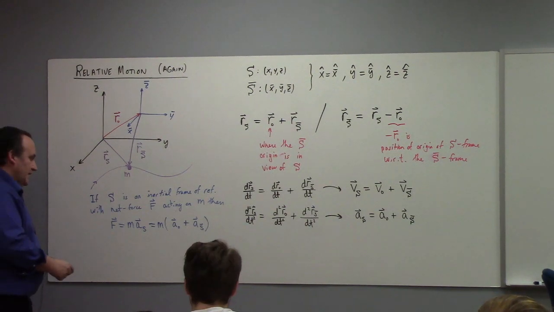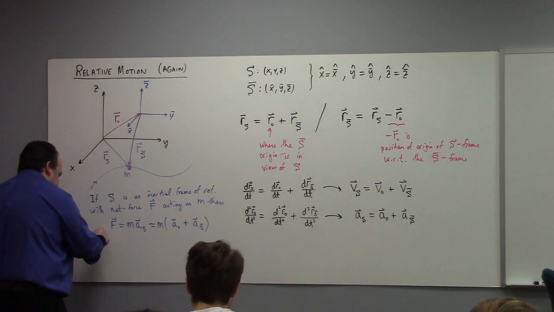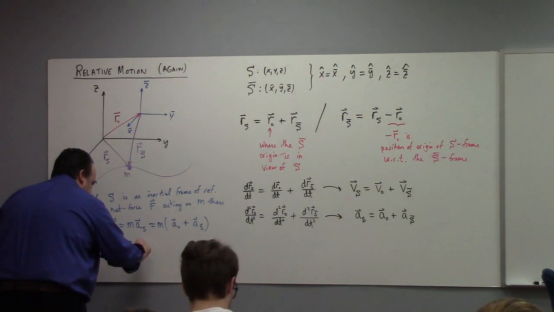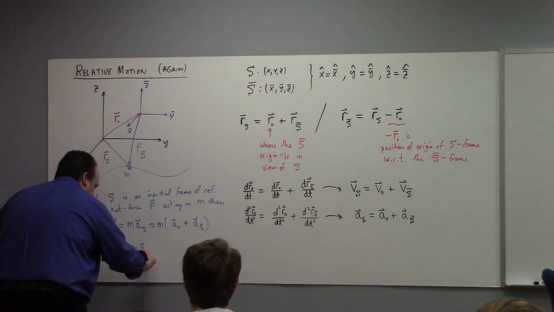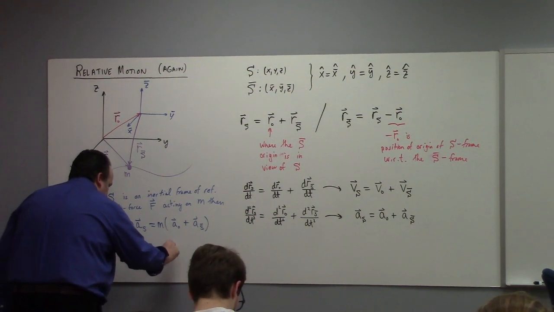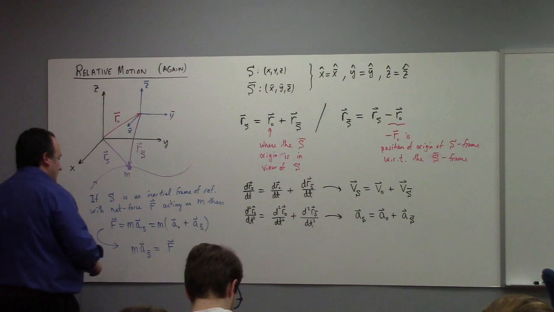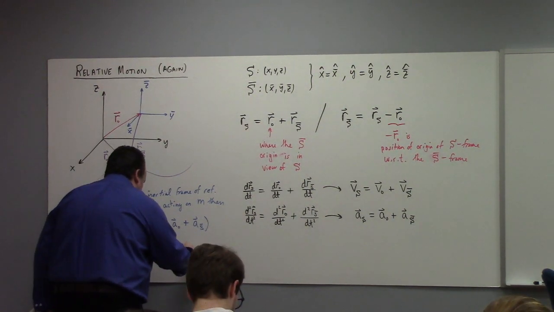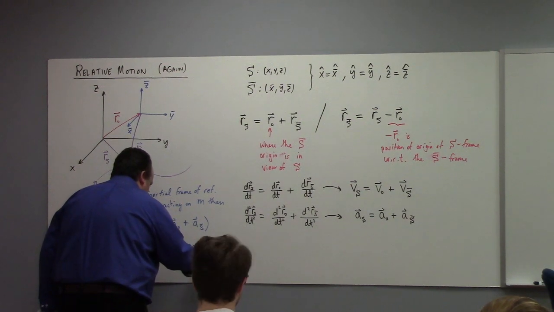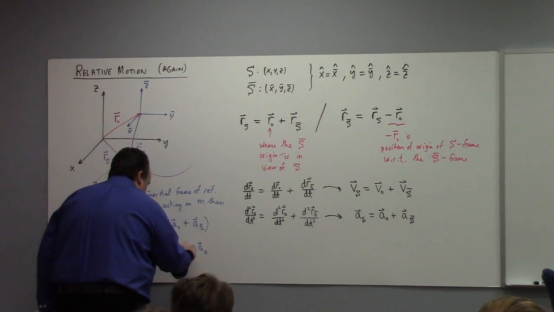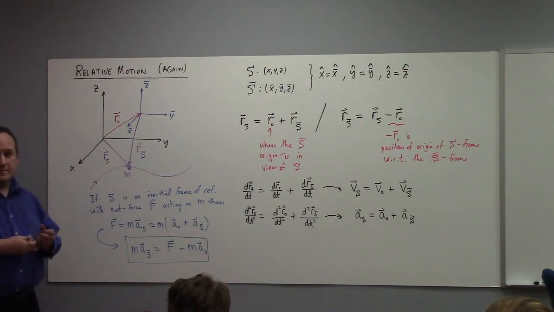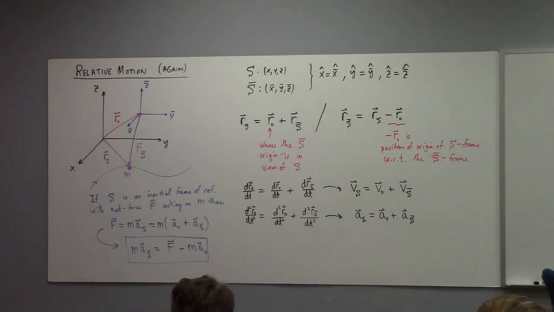And so if we do the math, the mass times the acceleration measured in the moving frame is equal to the force measured in the inertial frame minus the mass times the acceleration of the origin. And that's why there's a minus there, because one of you asked me why there's a minus there. It's this algebra.